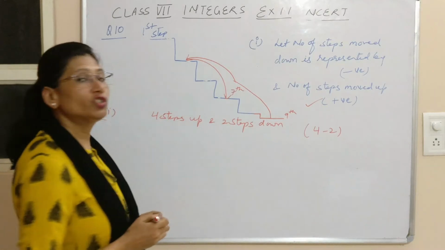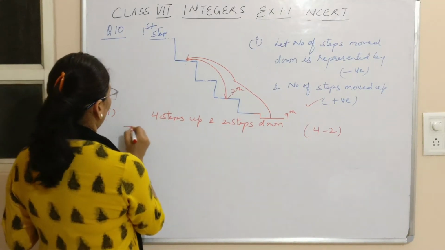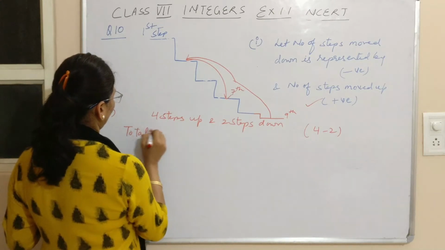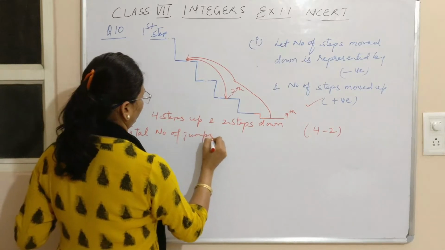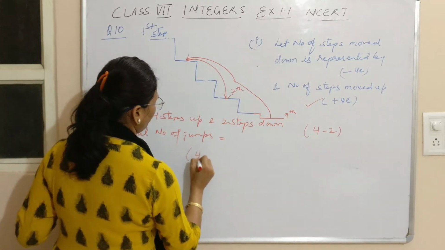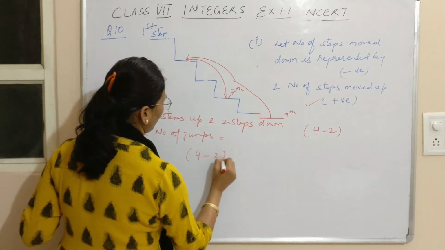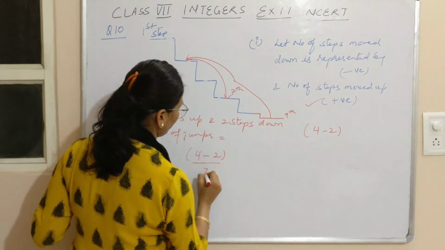In how many jumps will he go to the water level? If he goes 4 steps up and 2 steps back, he has covered 2 steps, so he has come to the 7th step.